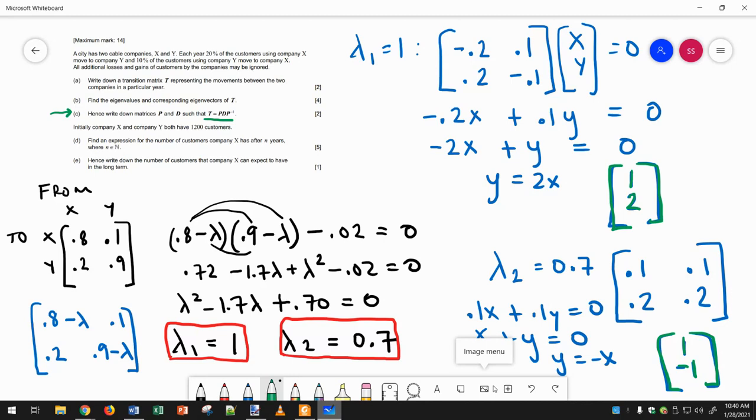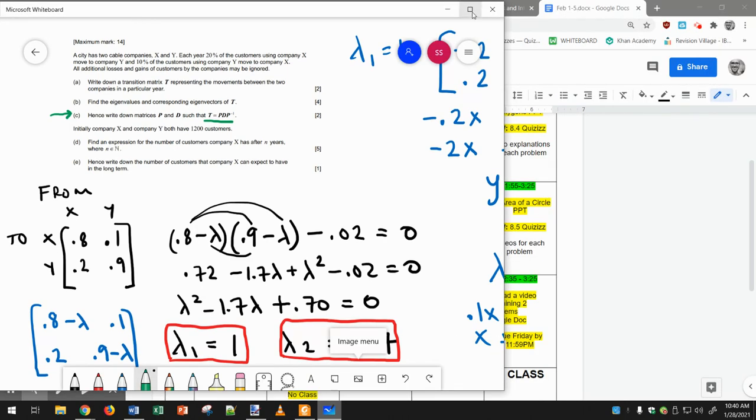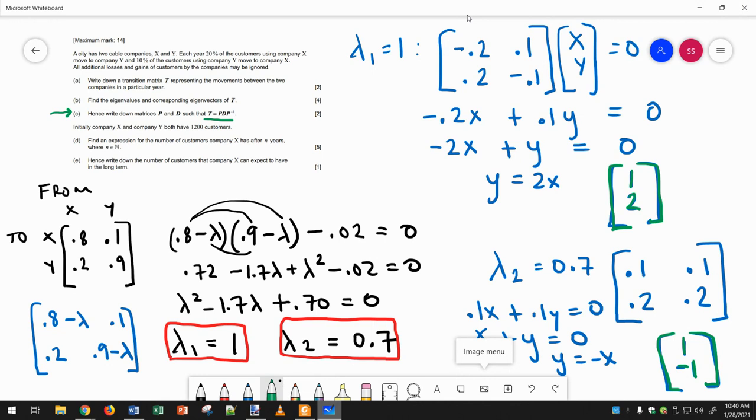And so the order here matters. P, let me write it up. P is going to be a 2 by 2 matrix. We do the first eigenvector first, because that corresponds to lambda 1. Then we do the second one in the second spot. So that's P.